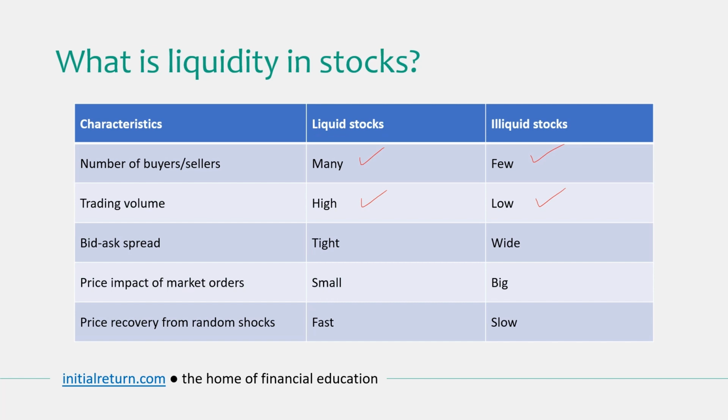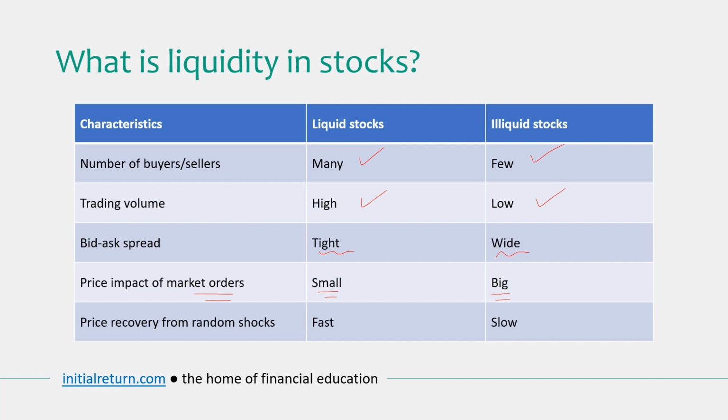If you think about penny stocks or small caps or speculative stocks, there's much less trading volume. And we've just discussed the bid-ask spread, which is an aspect of liquidity. Bid-ask spread is tighter for liquid stocks, whereas it is wider for illiquid stocks, and it represents the round-trip transaction cost. And due to order book depth, market orders will have a much smaller price impact on liquid stocks compared to a relatively big price impact in the case of illiquid stocks.